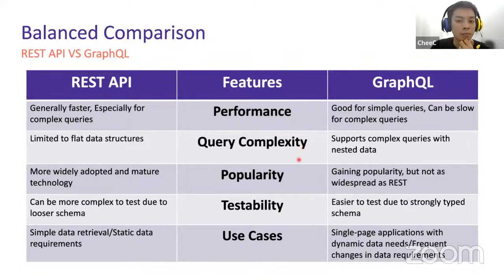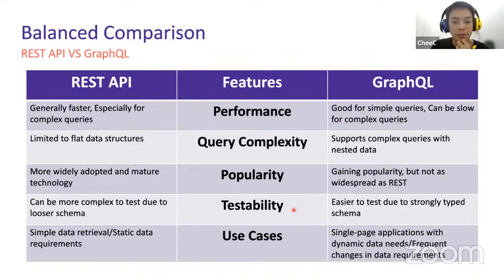But for complex queries, maybe we still have to stick to REST API. For query complexity and portability, you have to decide based on your requirements, your data, and client needs.